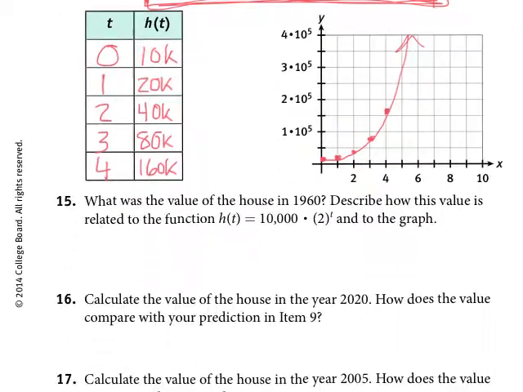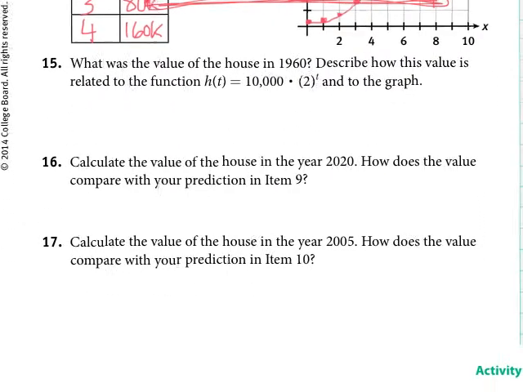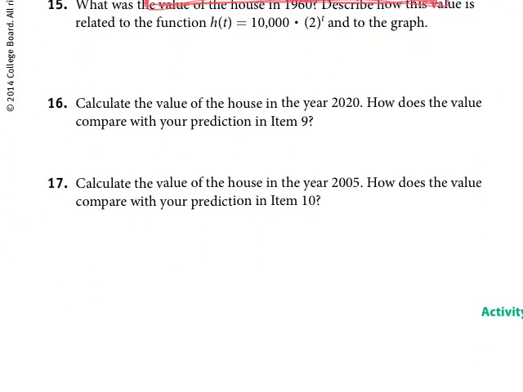Let's look at just a few more things really quick before I let you go with homework. Now using this function that they gave us, 10,000 times 2 to the t, calculate the house value in the year 2020. I know we've already predicted this, but now let's actually use our function.